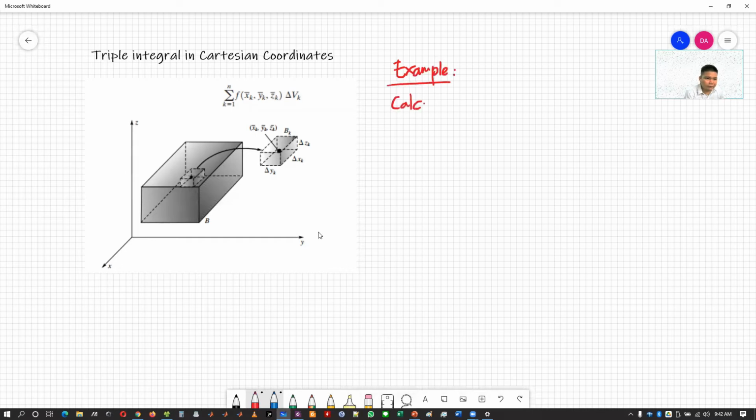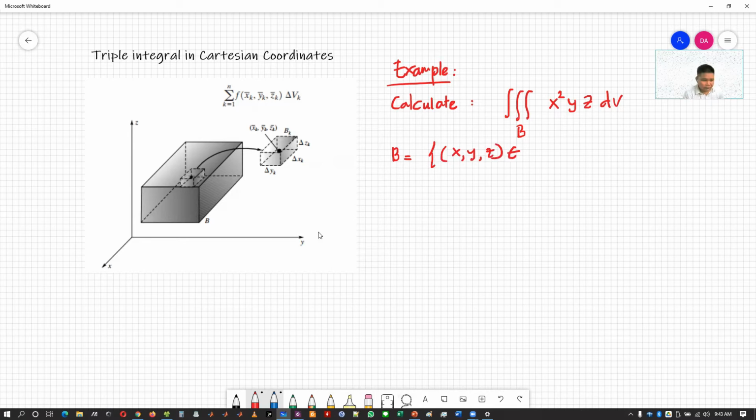Calculate the threefold integral of x squared y z dV, defined over a box B, where B is the set of x, y, z with some conditions.